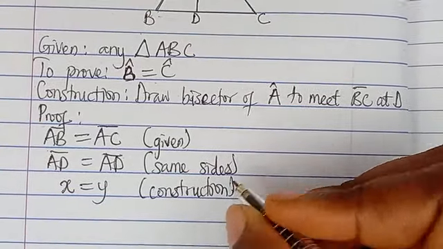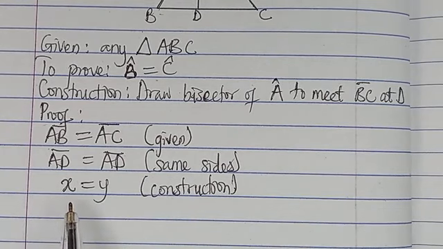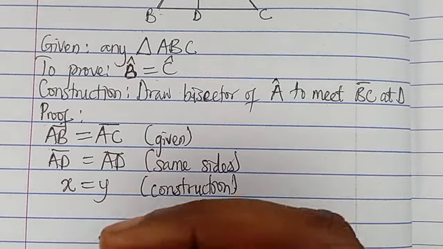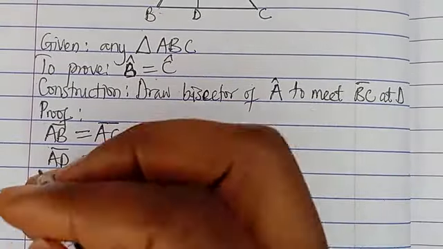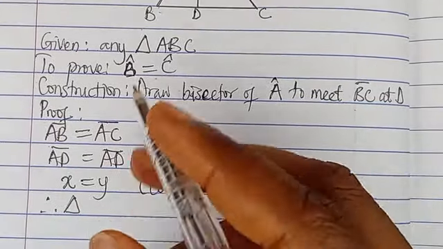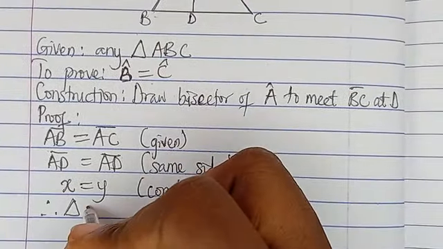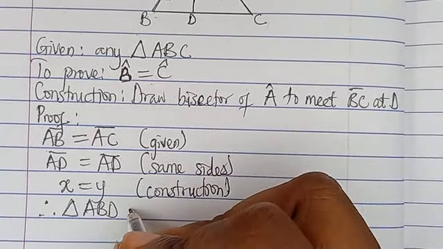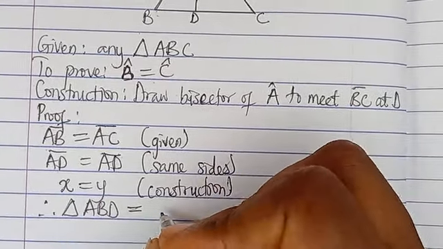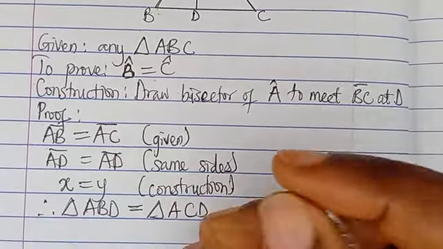Now, having seen this, we have two sides that are equal and we have two angles that are equal. So we are going to say, therefore, triangle ABD, because this has divided this into two triangles, triangle ABD is congruent to triangle ACD.